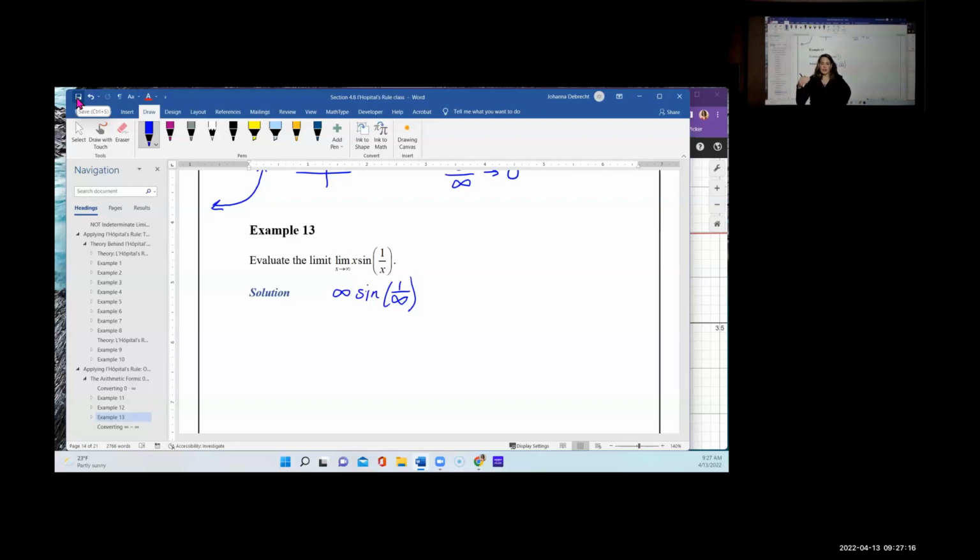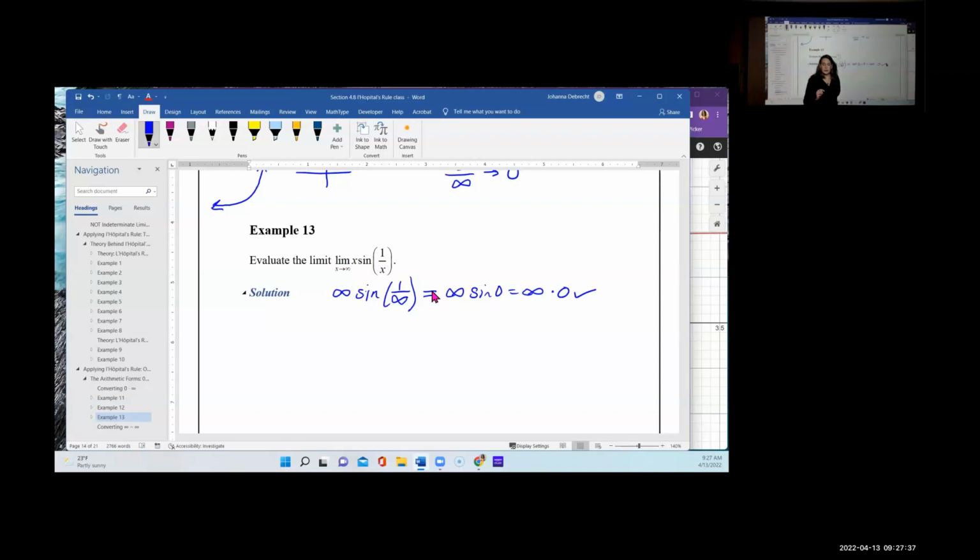Because you have a constant on top and infinity on the bottom. So this would give us infinity times sine of 0, which is 0. So I have infinity times 0, which is one of the arithmetic indeterminate forms.